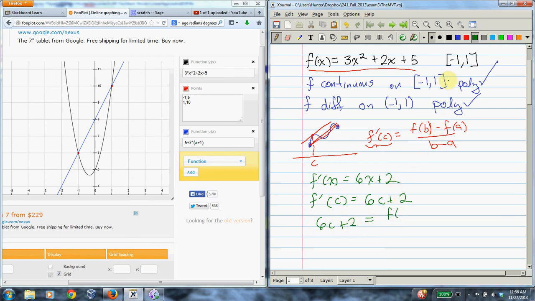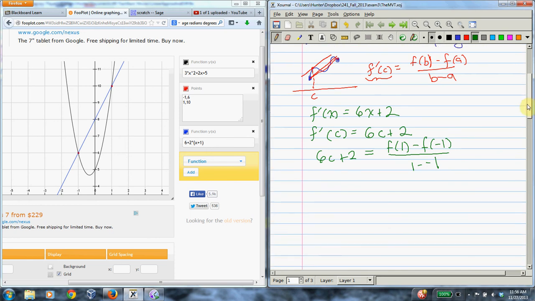That is f of b, which is the right-hand point, minus f of a, which is the left-hand point, over the difference between the two, and that is 1 minus minus 1. So what does this number turn out to be? If you just figure it out, it must be 2.